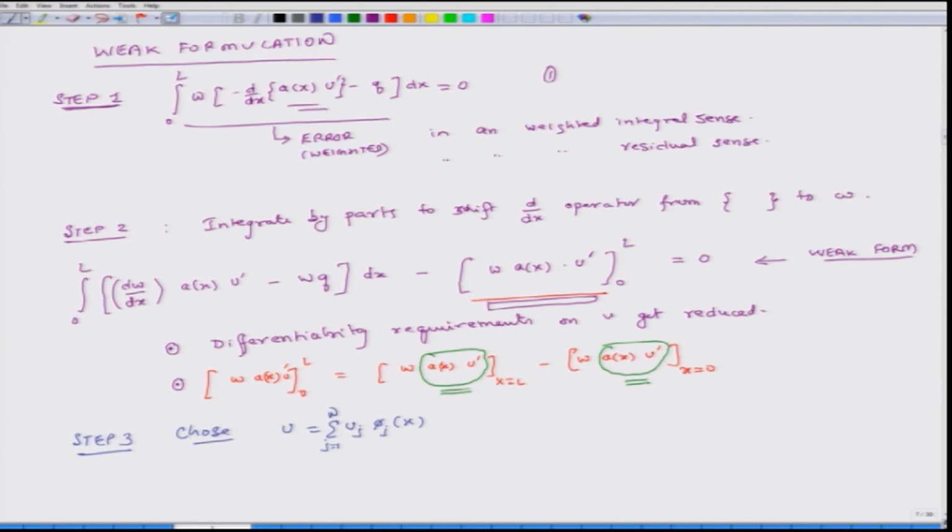Okay. This is what we choose, and while we are making this choice, uj is an unknown constant, and Fj is the shape function.